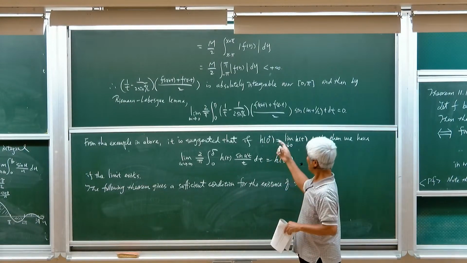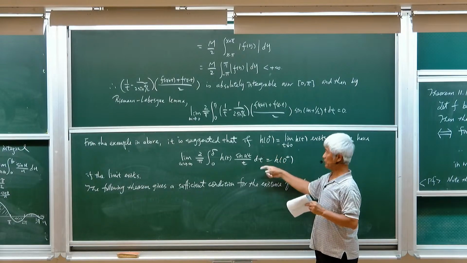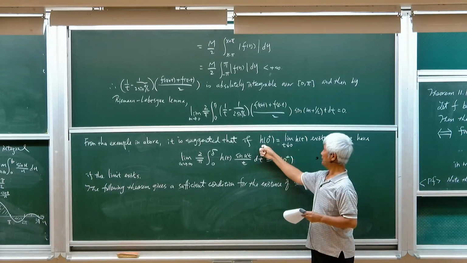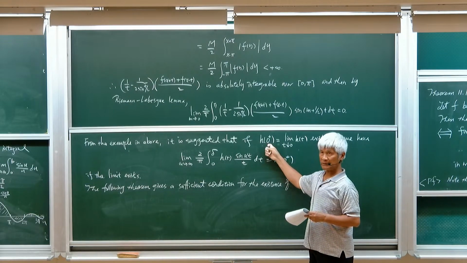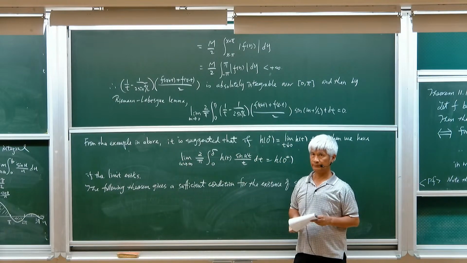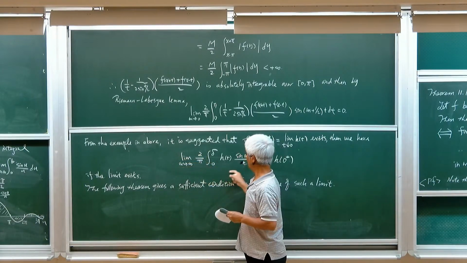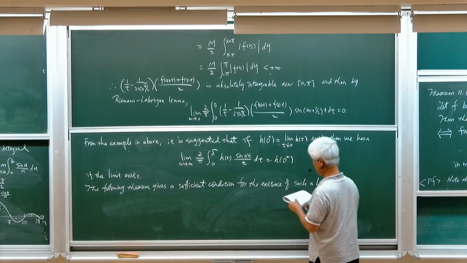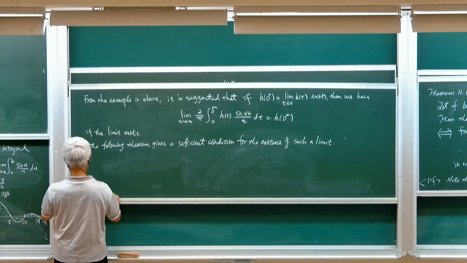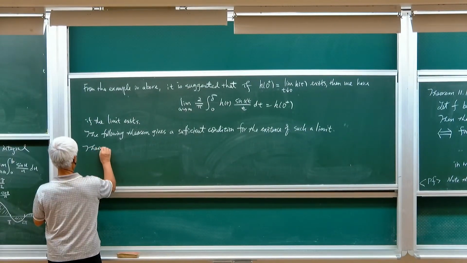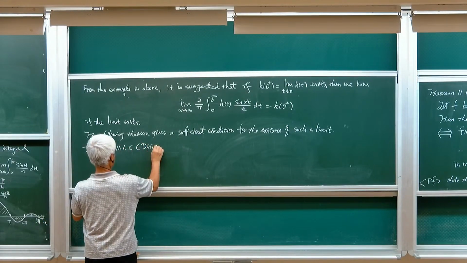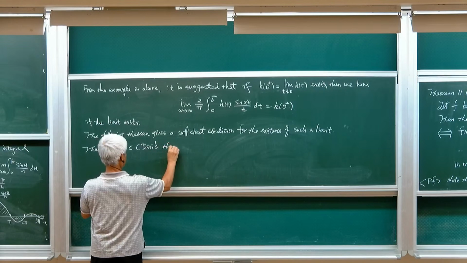Okay, so it suggests that we have this result under the conditions. First, this limit exists. Second, this limit exists. But we still don't know when this limit exists, right? So we need a sufficient condition. And this condition is called Dini's theorem. Okay, 11.1.c, which is called Dini's theorem.